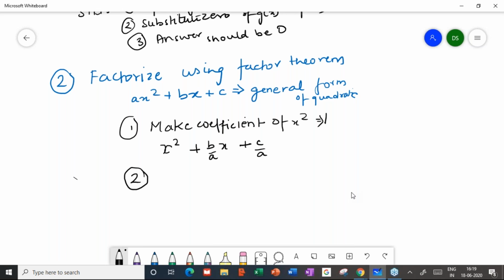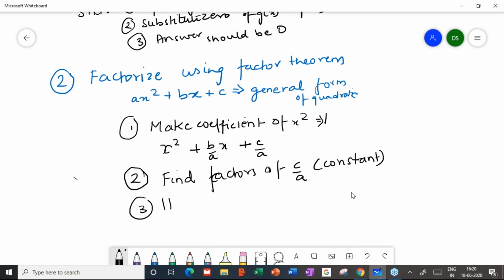That's all. Then next step is what? Find factors of the constant. Find factors of c by a or constant. I'll take up a question so that this doesn't seem difficult, but this is like a general way of doing it, so I'm mentioning these steps, right? You find factors of c by a.